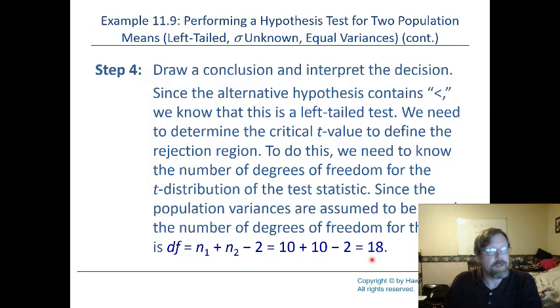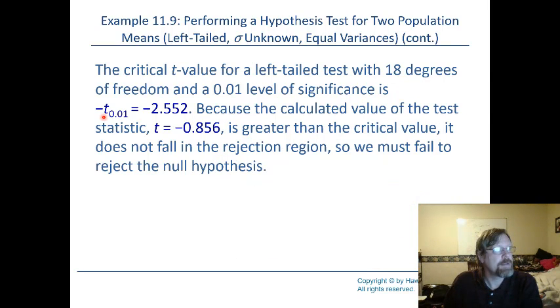If we look at that with the 0.01 significance level, that gives us a critical t-value of negative 2.552. Negative 0.856 is much greater than negative 2.552, so we do not fall in the rejection region and we fail to reject the null hypothesis.